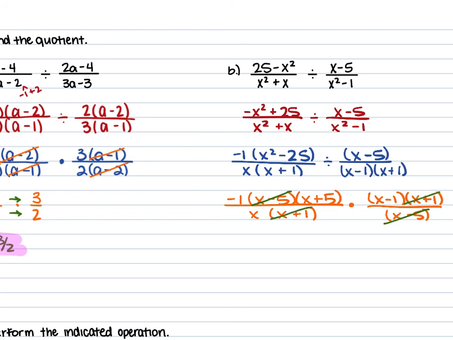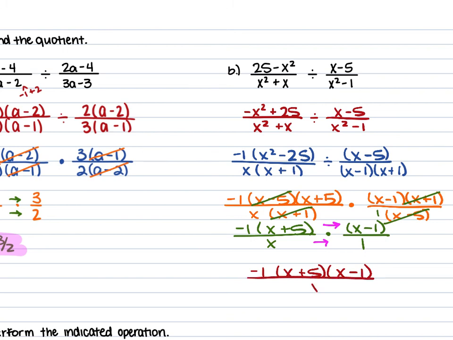From here, we just have negative 1 times x plus 5 over x times x minus 1 over 1. So if we multiply straight across here, we're going to have negative 1 times x plus 5 times x minus 1 all over x.